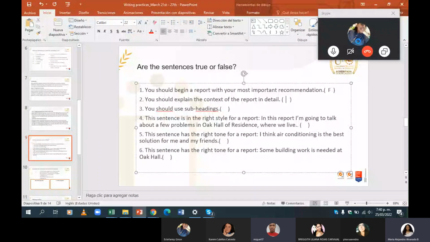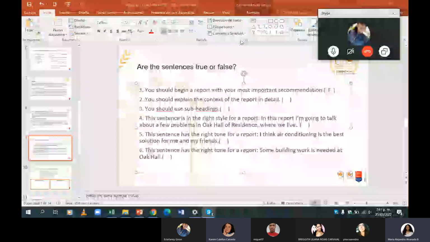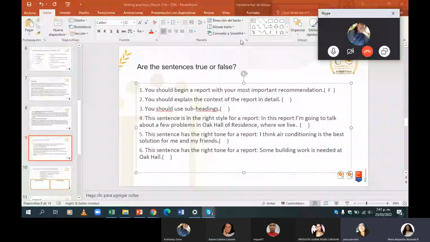Okay, let's see. Guys, do you agree with the second one? You should explain the context of the report in detail. Is that true or false? Do you agree with Miguel? Miguel says true.